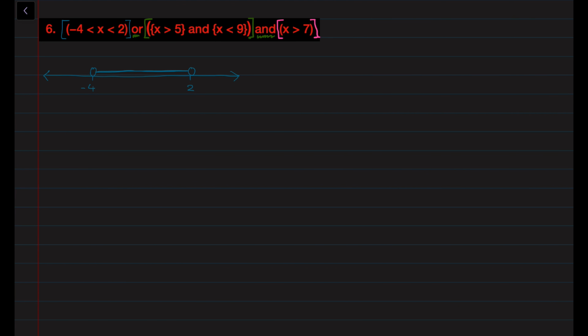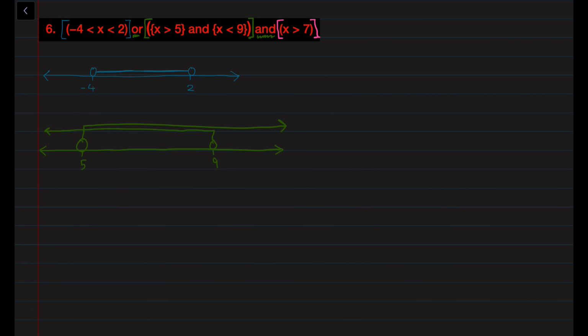For our second part, we can draw a number line, and we have 5 over here and 9 over here. We're looking for numbers that are more than 5, so we can draw numbers like this, and we're looking for numbers that are less than 9, so like this.